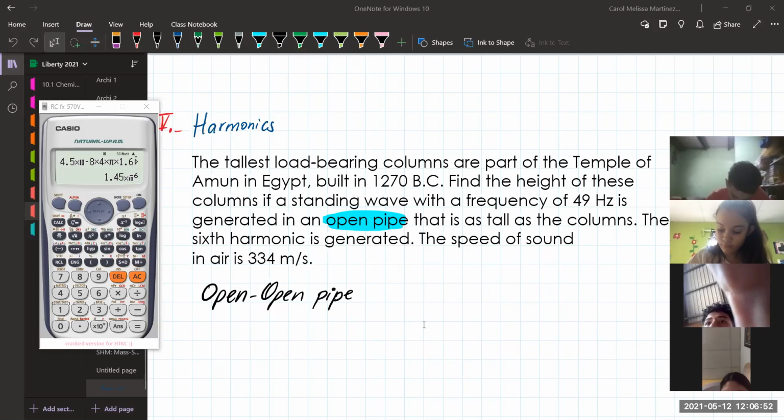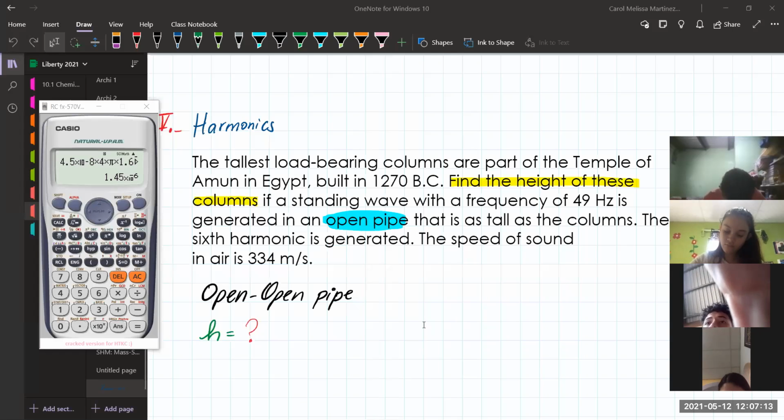Now, there are some givens in this problem. It tells you that you need to find the height of these columns. Okay, so you need to find the height. This is unknown.